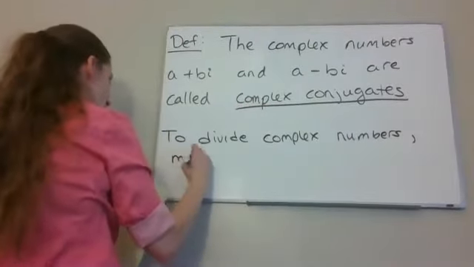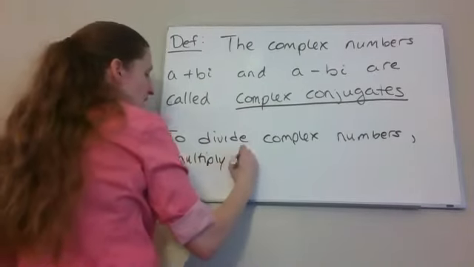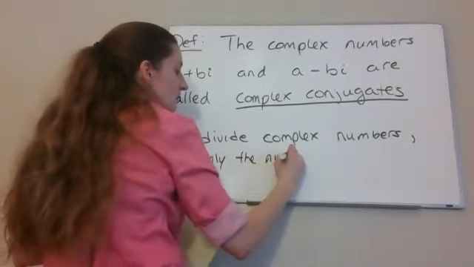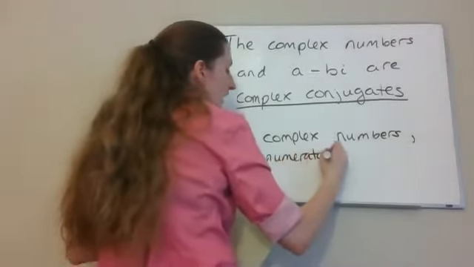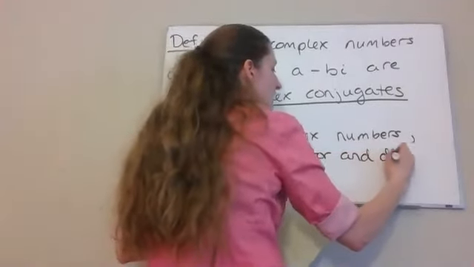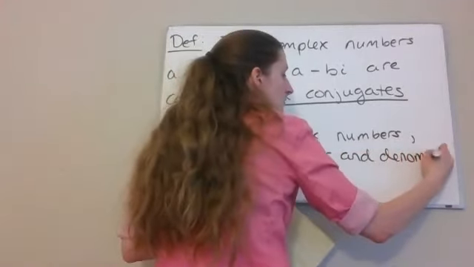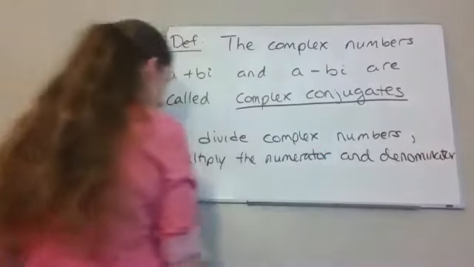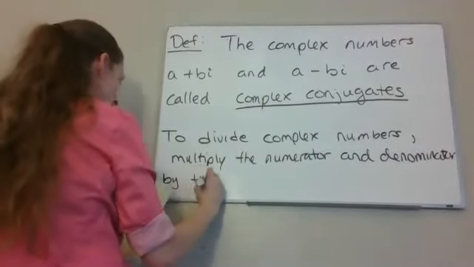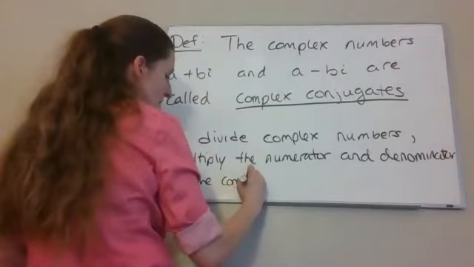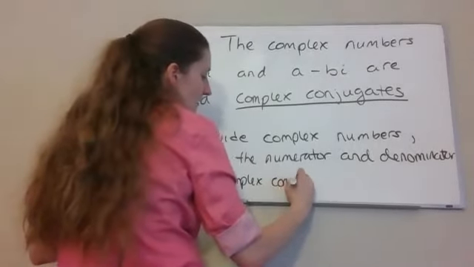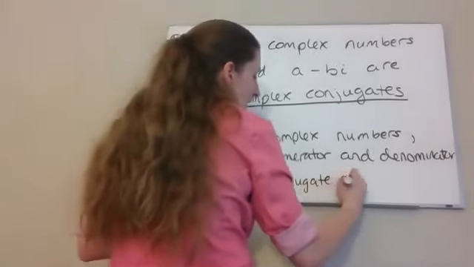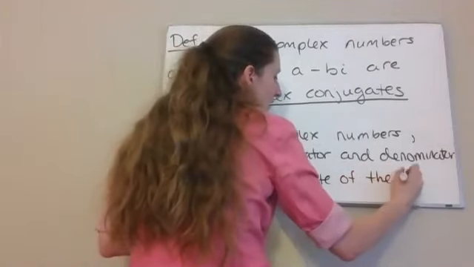And then we're going to multiply the numerator and denominator by the complex conjugate of the denominator.